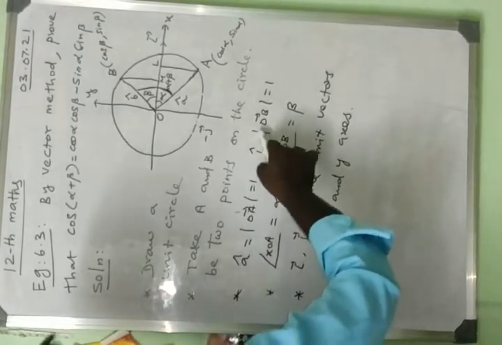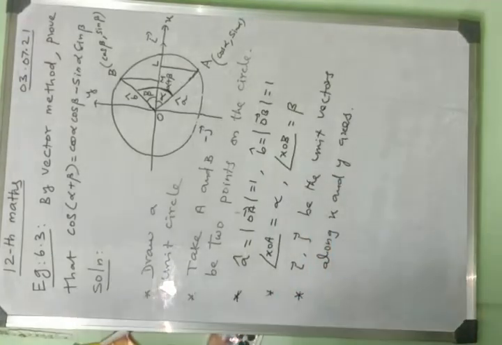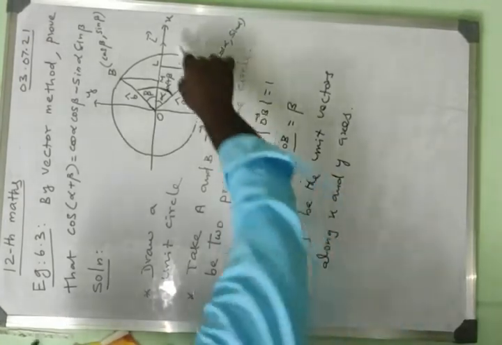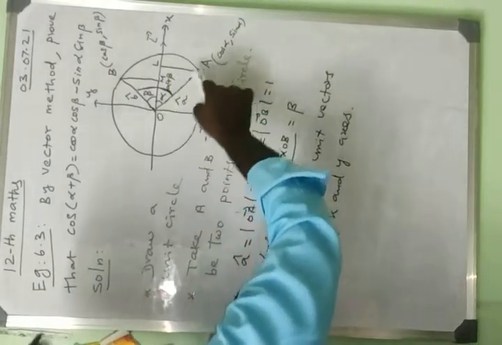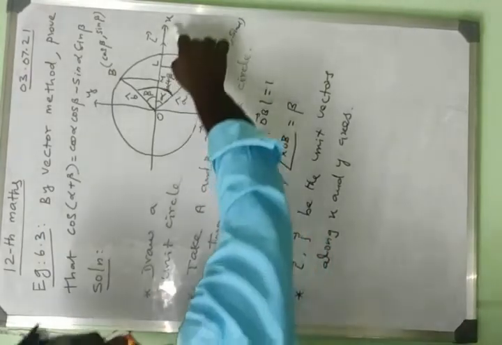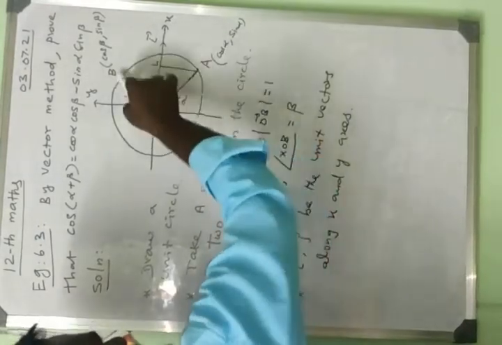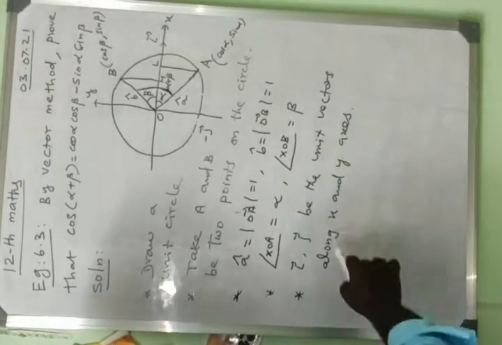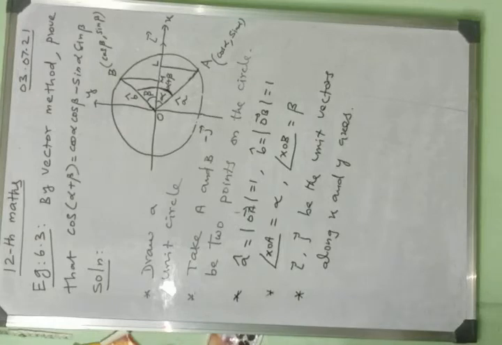Cap B equal to mod of vector OB is equal to 1. Next we take angle XOA: the angle between X axis and OA we put alpha. The angle between X axis and OB we put beta. Next, vector I, J be the unit vectors along X and Y axis.